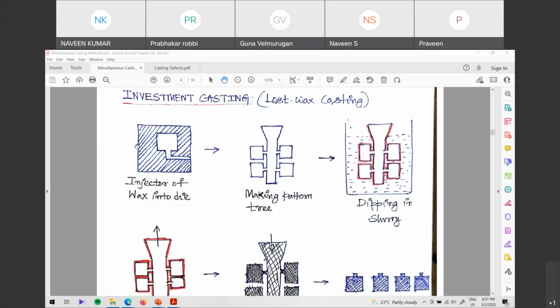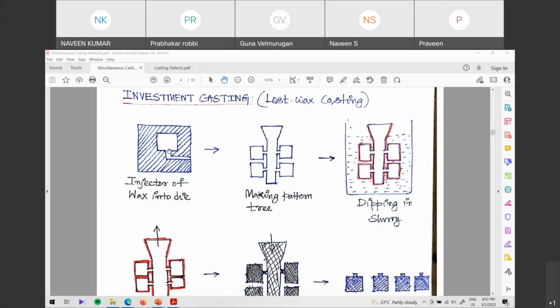First, what we'll do is that we have this kind of mold. This is a mold, and this is made up of some steel or some other metal material. And in that mold, this is the shape of the object that you want to manufacture. And there is an opening here.